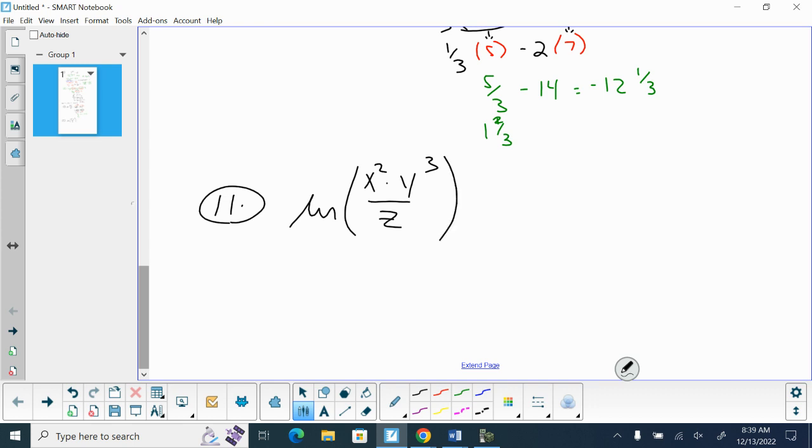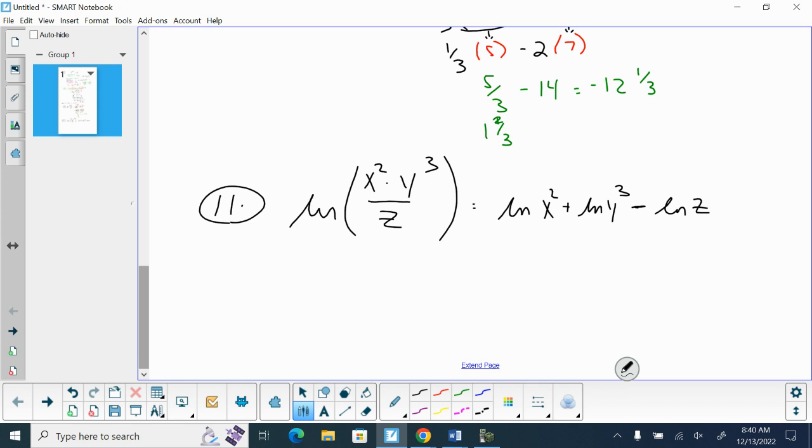We have multiplication on top, and then we're dividing by z. So using our properties of logs, this will give us ln of x squared plus the ln of y cubed, because we're multiplying them. And then we're dividing by z. So we have minus ln of z because we're dividing by that.